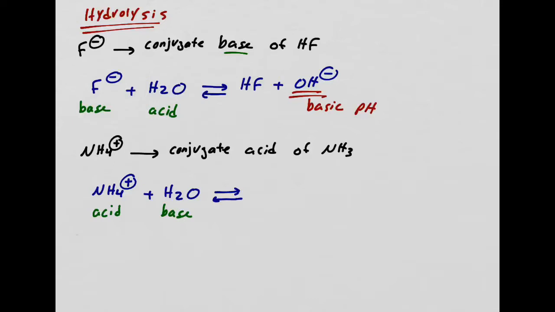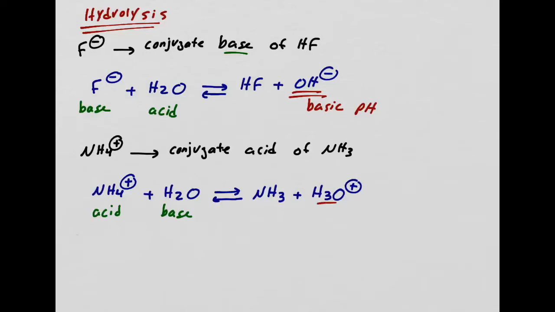So the acid is going to lose a hydrogen. The base is going to get the hydrogen. So the ammonium is going to lose a hydrogen, becomes NH3, and water is going to get a hydrogen because it's a base now, becomes hydronium. Don't forget, charges on both sides have to be the same. +1 overall, +1 overall.